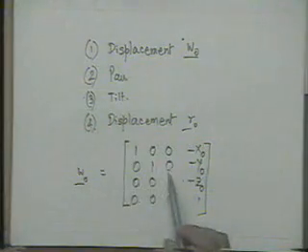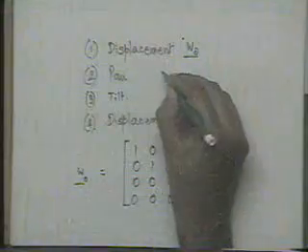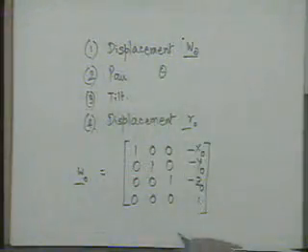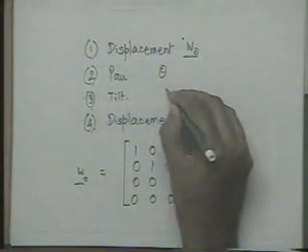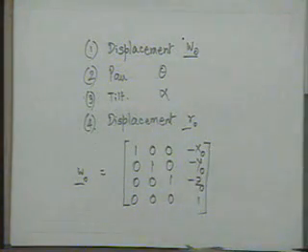So this matrix indicates the displacement. So that is the first factor. The second factor is the pan. The third factor is the tilt. Pan is by an angle theta and the tilt is by an angle alpha. So pan is of the x axis and tilt is of the z axis.